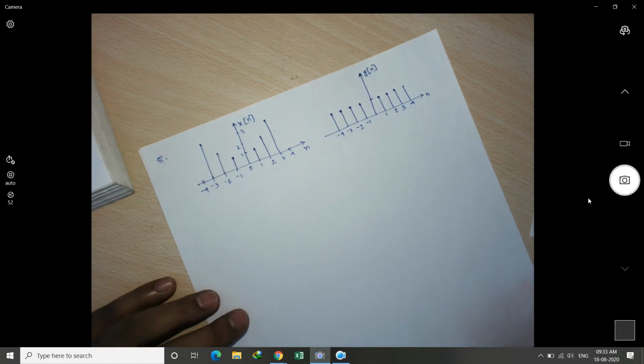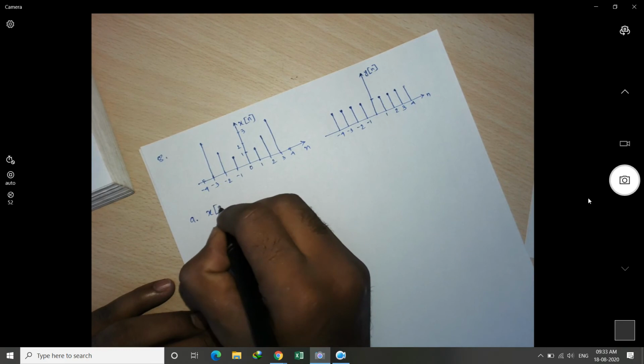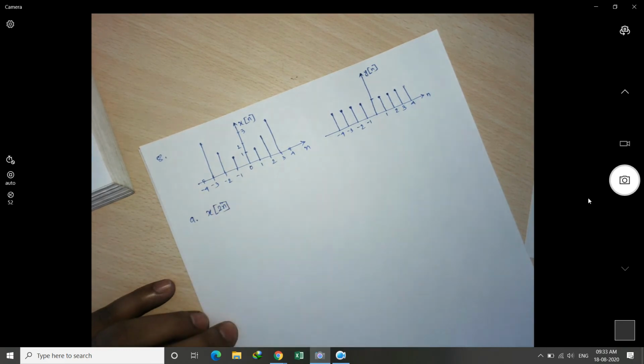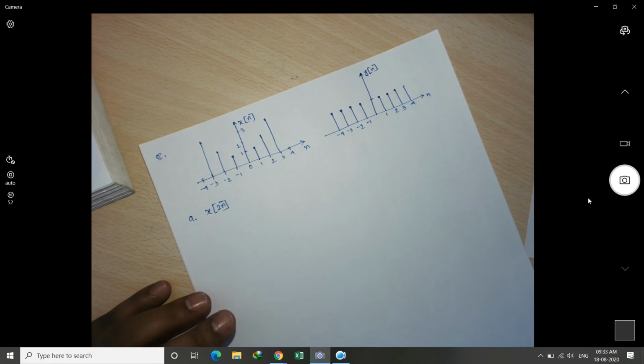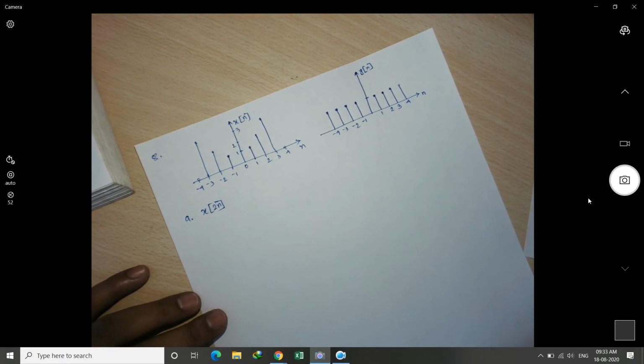So first, the signal which we need to draw is x of 2n. So what will be that x of 2n? x of 2n means a is greater than 1, so that will be compression, right?